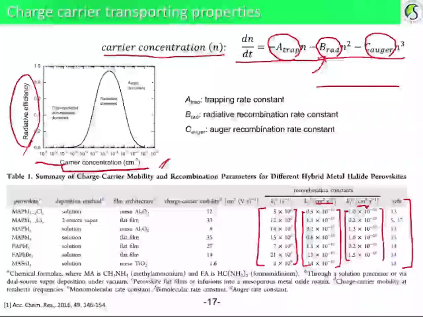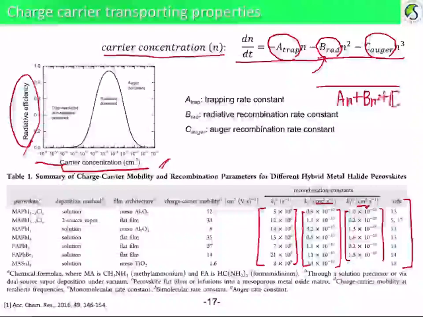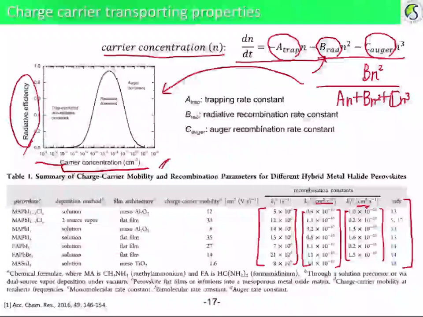So we can calculate the radiative efficiency by using this equation. This graph is calculated by using this equation.